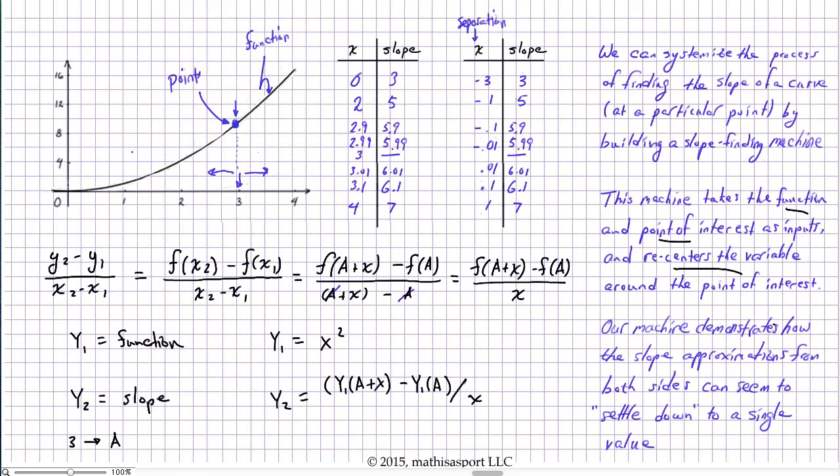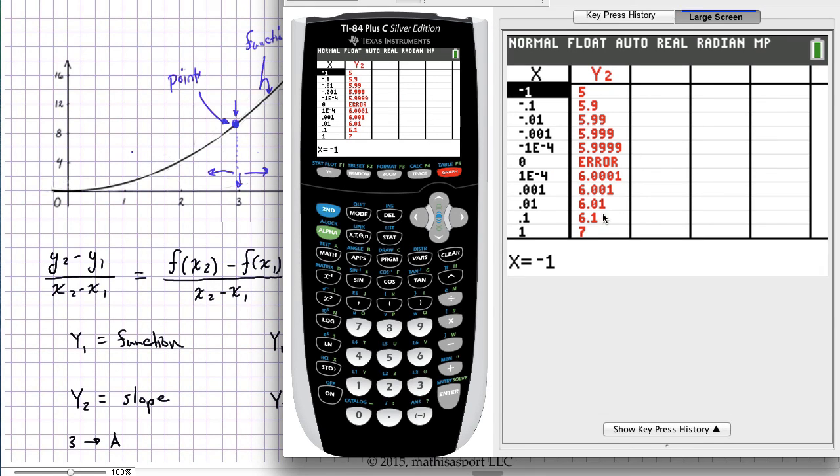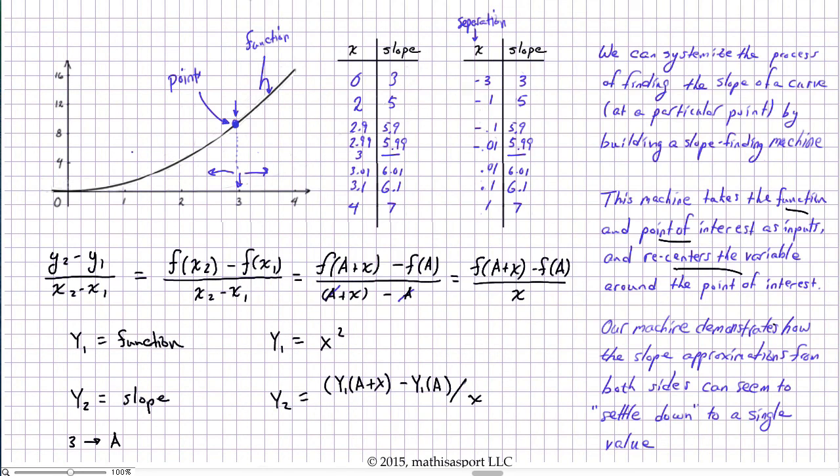And as this calculator table demonstrates, when you look at that, it shows us an ever closer set of approximations, both from the left side and the right side, that seem to settle down, in a way that we're not being completely explicit about, to a single value. That is our slope finding machine. Again, I hope you will summarize this entire slide by teaching it to someone else as a way to really cement your understanding.